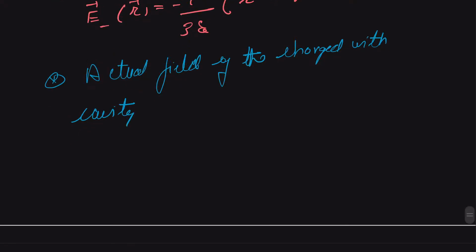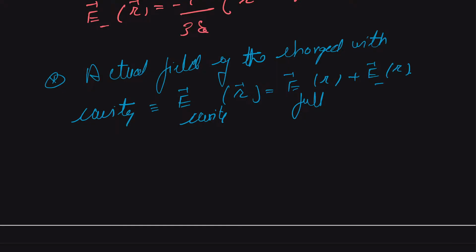And we can write this as E cavity for a position vector R will be equal to the superposition of both, that is our full plus removed of the cavity.